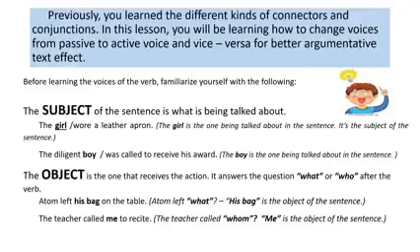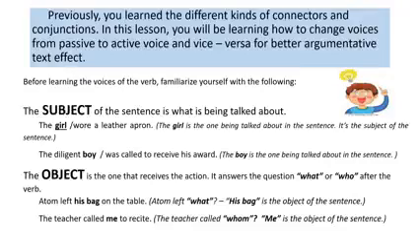Okay, let's go to the object. What is the object of the sentence? The object of the sentence is the one that receives the action. It usually answers the question what or whom after the verb. Example sentence: Atom left his bag on the table. Atom left what?